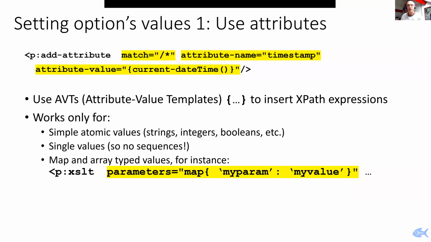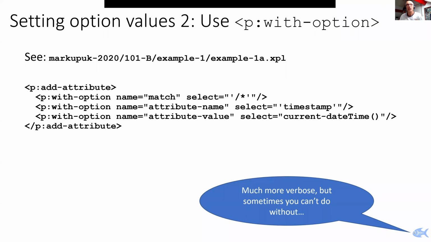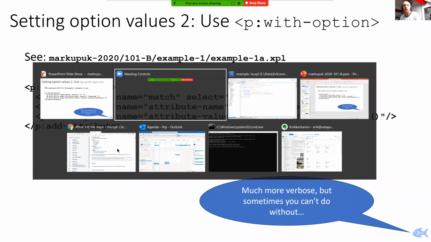There's also a second way to do that, and that is using p:with-option. As you can see here, you can use a p:with-option statement as a child of your step, with which you can set the options. Let's quickly see whether that actually works.